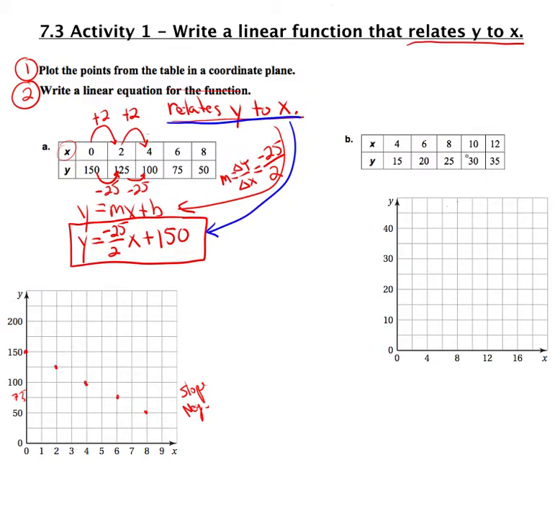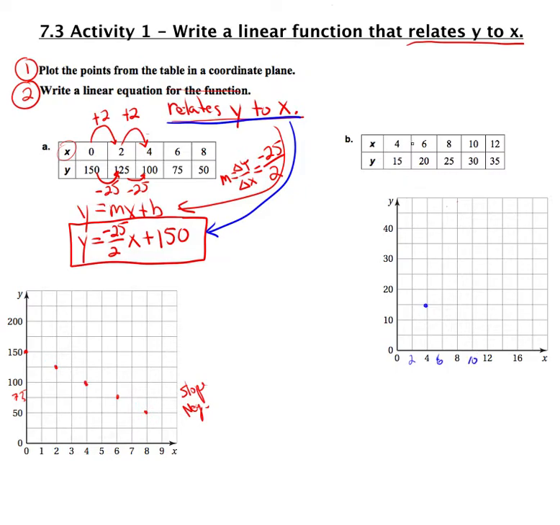Now, if we take a look at b, we'll plot those points. So 4, 15, 6, oh, this is a little tricky. It goes up by 2s. It looks like it goes up by 4s, but it actually goes up by 2s. They just skipped writing those down.